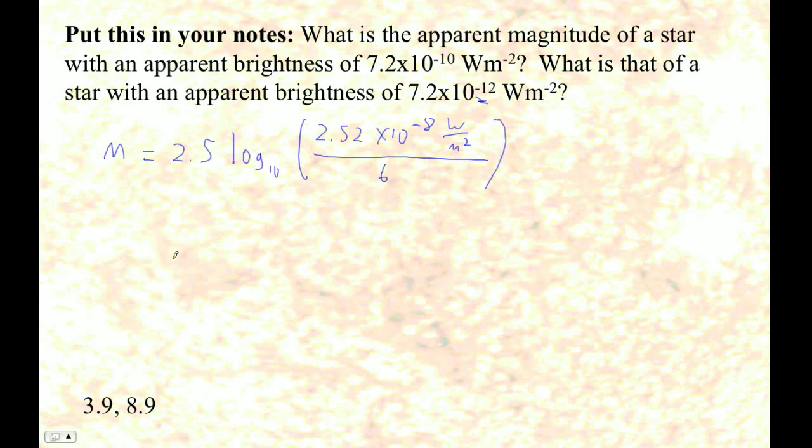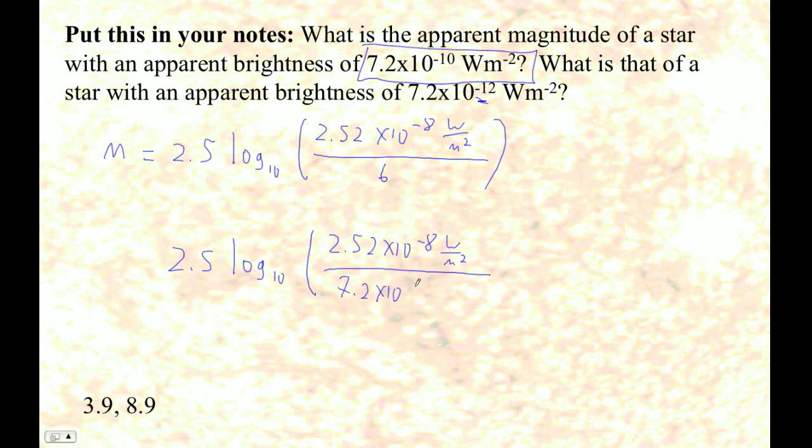Okay, so I can go ahead and just stuff these numbers in. 2.5 log base 10 of 2.52 times 10 to the -8th watts per square meter, and then that's divided by, let's divide it by this first brightness here, 7.2 times 10 to the -10th per square meter.